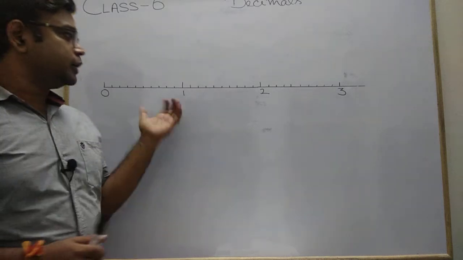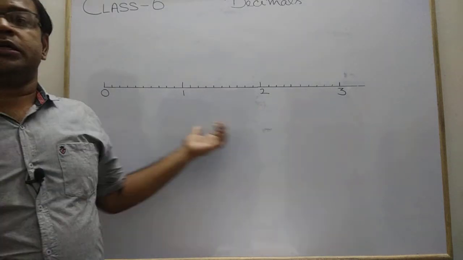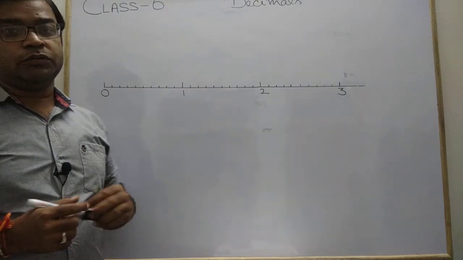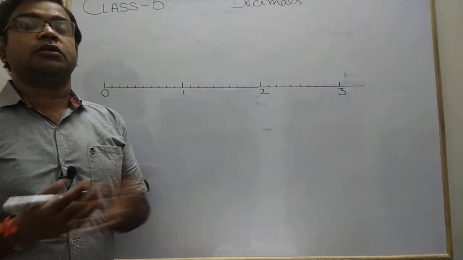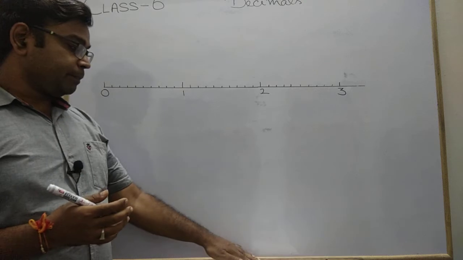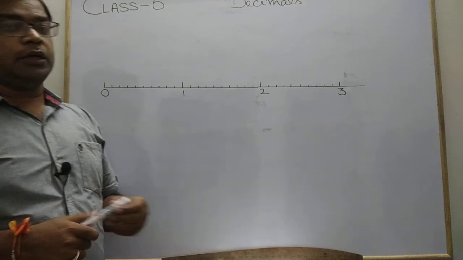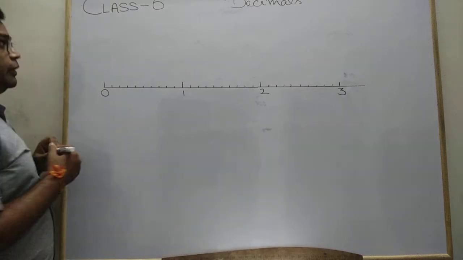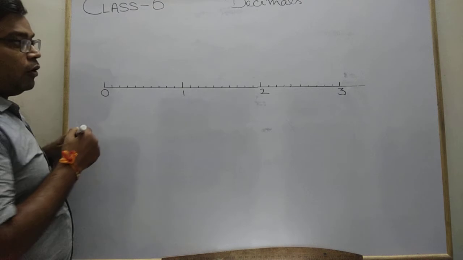Yes, class students, just see, this is your number line. We are going to discuss some questions on the number line. In this book it is given: represent the following numbers on the number line.